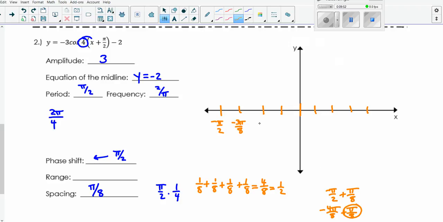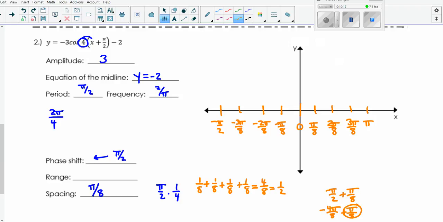Add another pi over 8 makes this negative 2 pi over 8 and negative pi over 8. Add another one, I get to 0. Add another pi over 8, I get to 1 pi over 8, 2 pi over 8, 3 pi over 8, and 4 pi over 8, which is just pi.